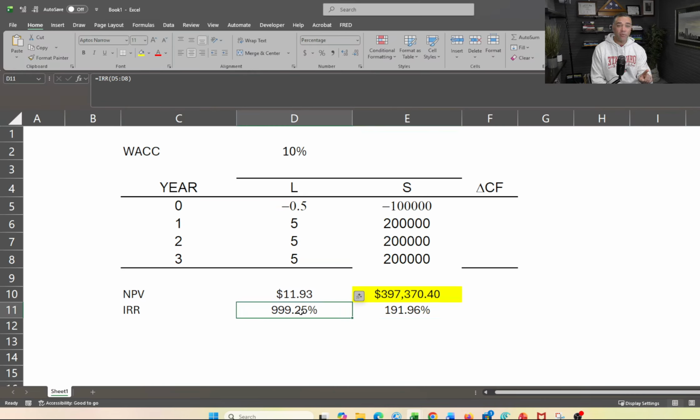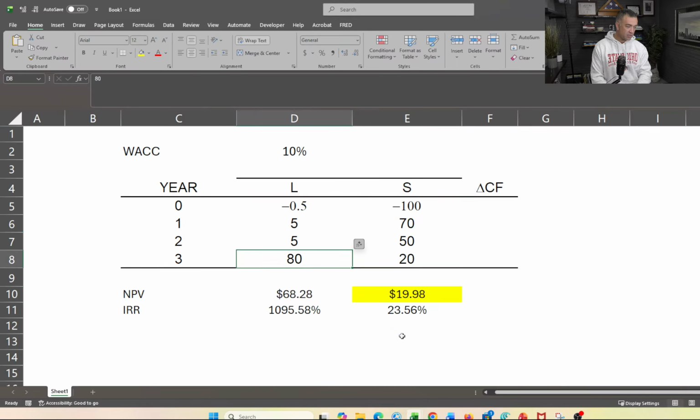So if we're comparing two projects, it looks like L is the better project because it has a higher internal rate of return. However, our net present value, we made $397,000, right? So what's the point of it? The IRR might be deceptive because it shows the internal rate of return at which net present value is zero, but it doesn't show you how big the magnitude of the cash flows are. So I just wanted to show that. So I'm going to put everything back to the way it is.